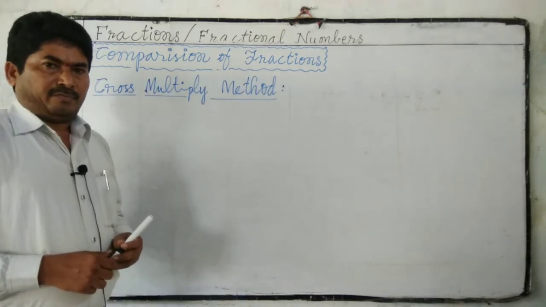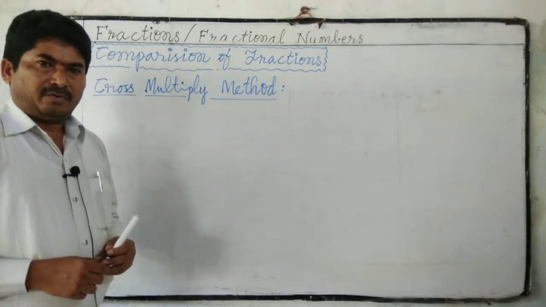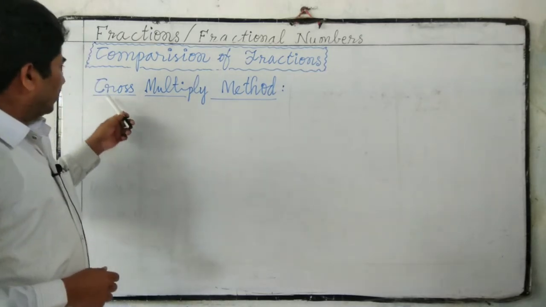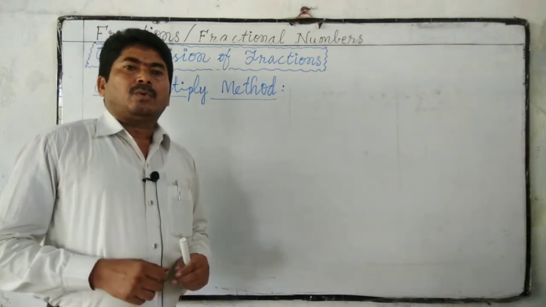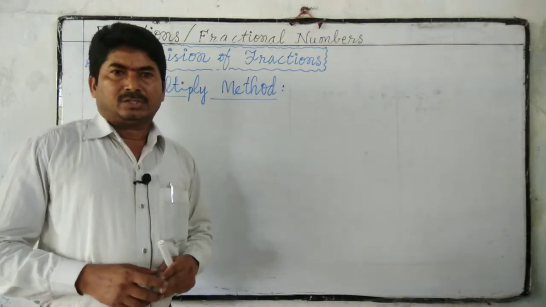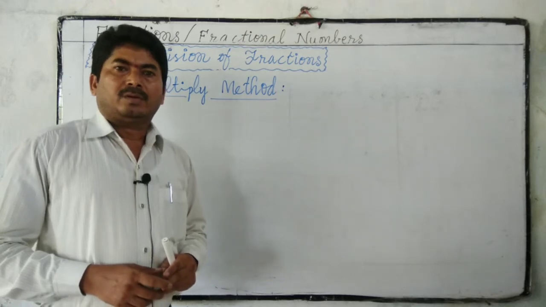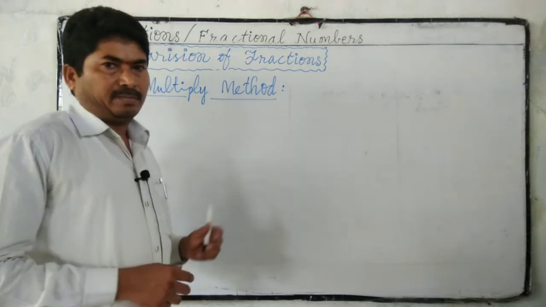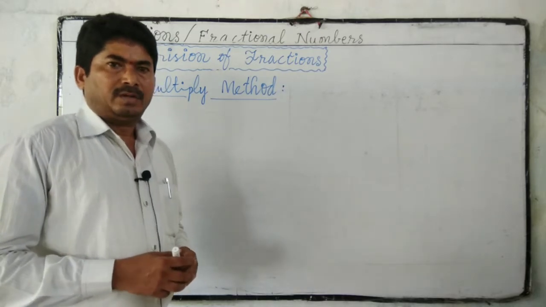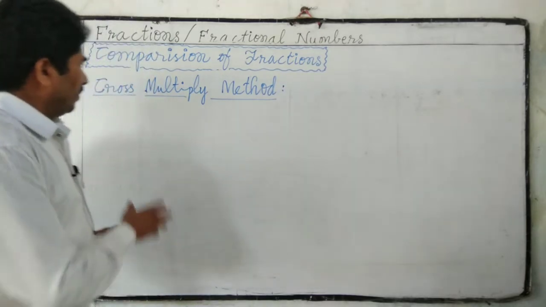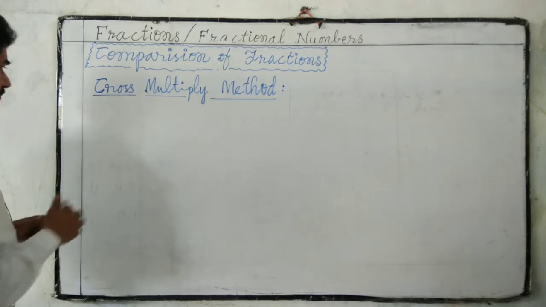To compare fractions, here we have an easy method, that is the cross multiply method. If there are only two fractions to compare, this is the best and easiest method. Let us see this method now.